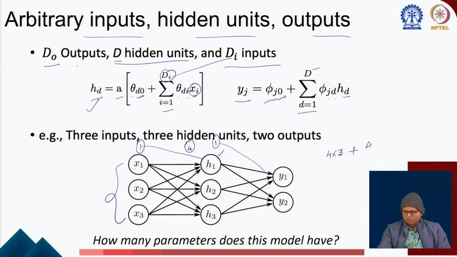So plus 4 into 2, right. So this will give you 20 parameters. So this particular network will have 20 parameters.